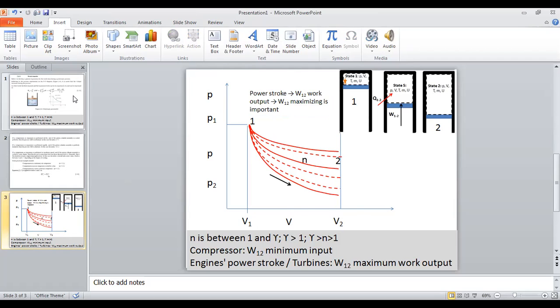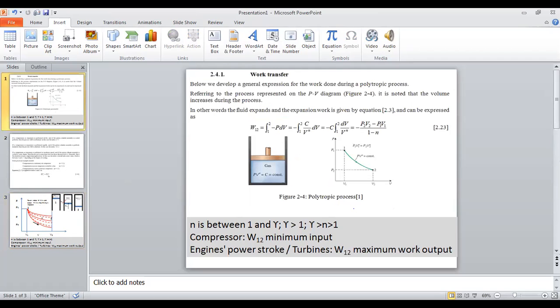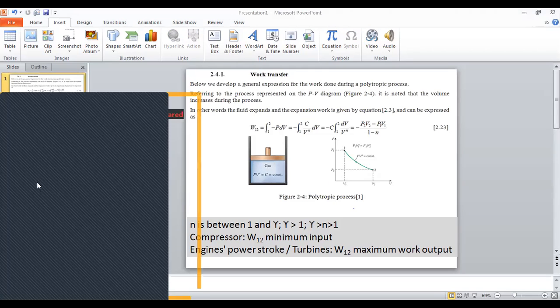So you can see the expression. If I take W12, carefully follow this pattern.